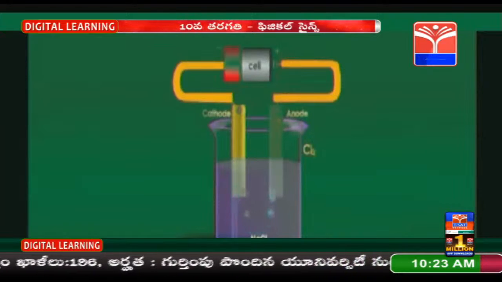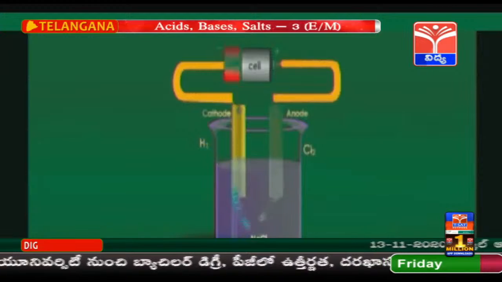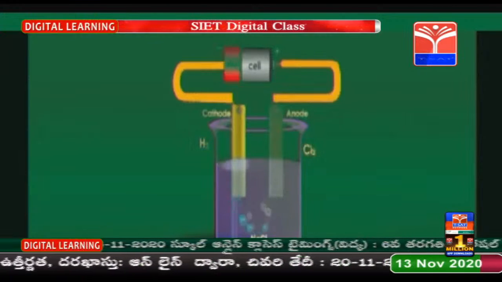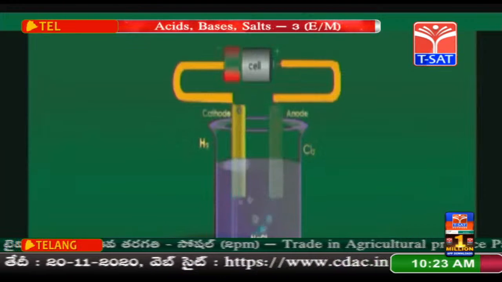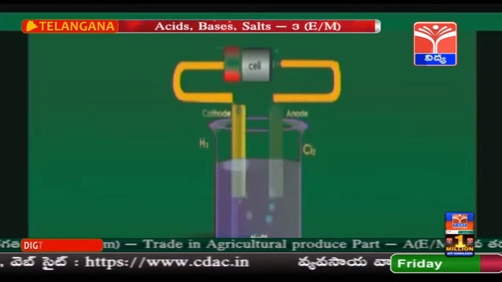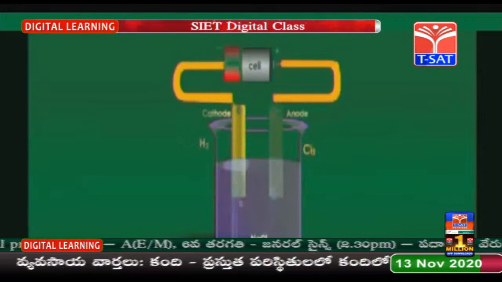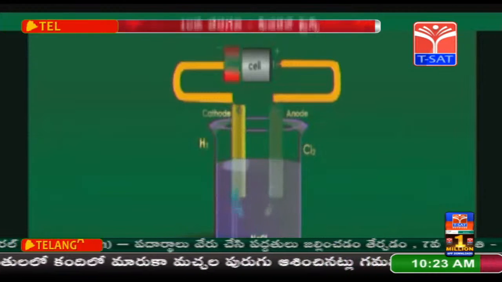What is the cation here? Yes, Na plus ion. Being a cation, it is attracted towards the cathode. And what is the anion here? Chloride ion. It is attracted towards the anode, where two chloride ions combine together to form chlorine gas. It exactly happens in the reaction.